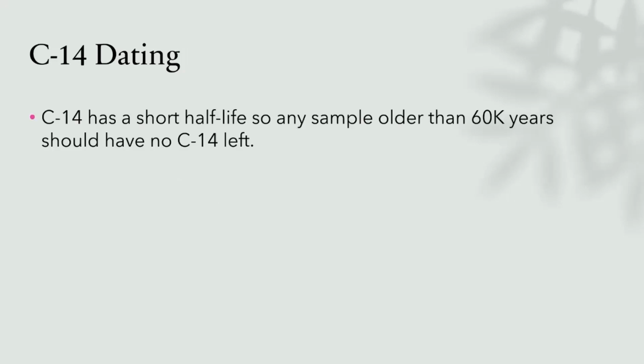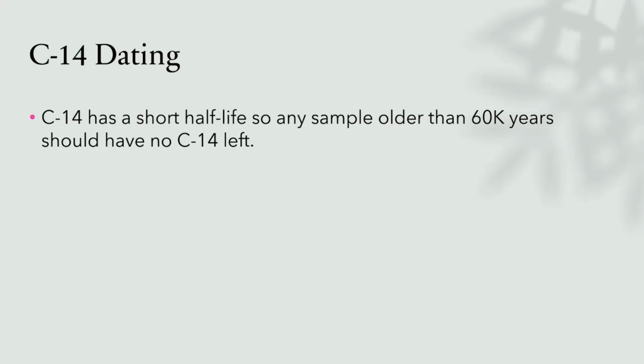Okay, carbon-14 dating. Let's jump into that quickly. Carbon-14 has a short half-life. It's about 5,000 years, so half of it is gone in 5,000 years. And then in another 5,000 years, half of what is remaining is gone.